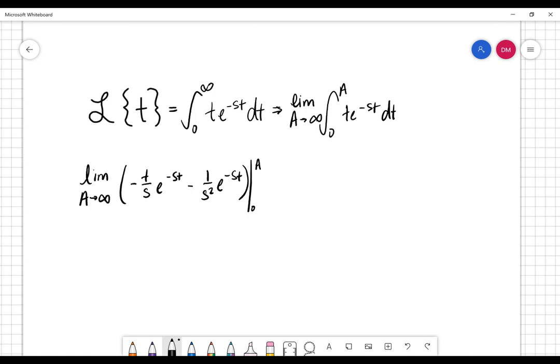All right, so the first part, plugging in a, will look like this.